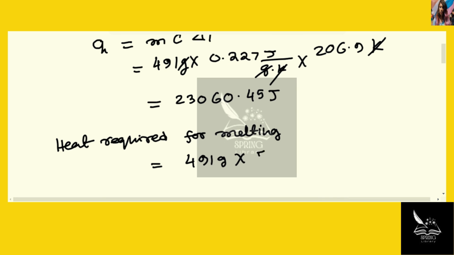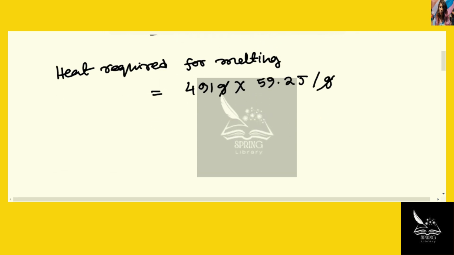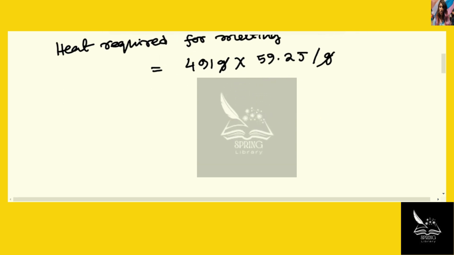So let's multiply 491 gram times 59.2 joule per gram. This one gets cancelled, and if we multiply, we get 29067.2 joule.